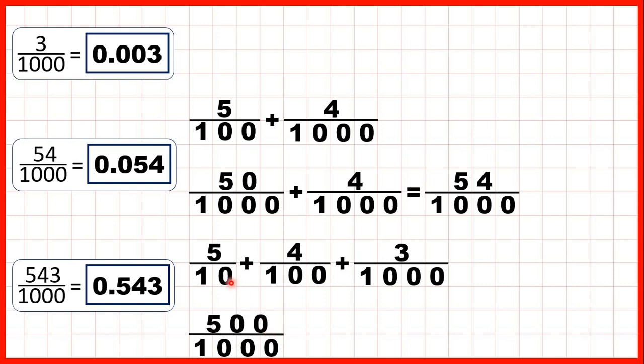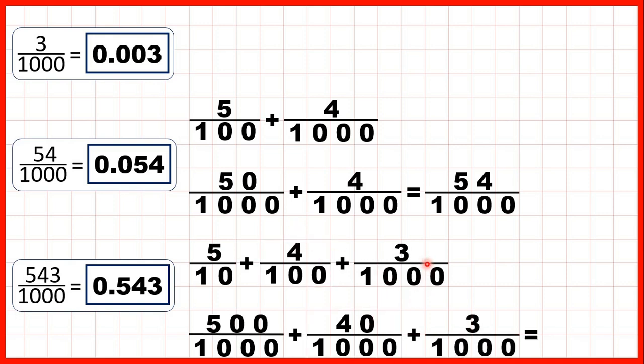That's because we can use multiplication to find equivalent fractions. 10 times 100 is 1,000, and what we do to the denominator, we do to the numerator as well, and 5 times 100 is 500. Now, instead of adding 4/100ths, we can add 40/1,000ths. These fractions are equivalent because 100 times 10 is 1,000, and 4 times 10 is 40.